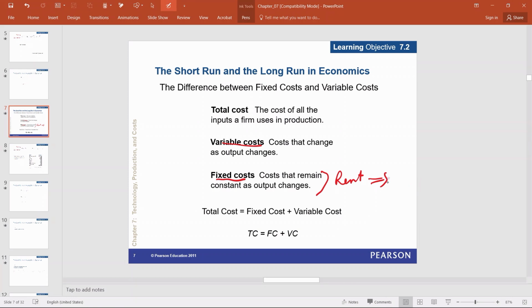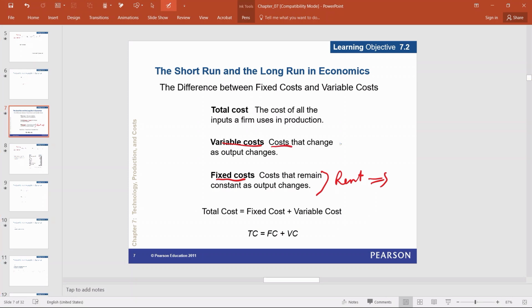And whatever the production level is, whether the firm produces or doesn't produce, the firm still has to pay these fixed costs, like rent and other things that are constant. So if the production level is 0, or 100, or 1,000, this fixed cost has to be paid and cannot be changed in the short run.